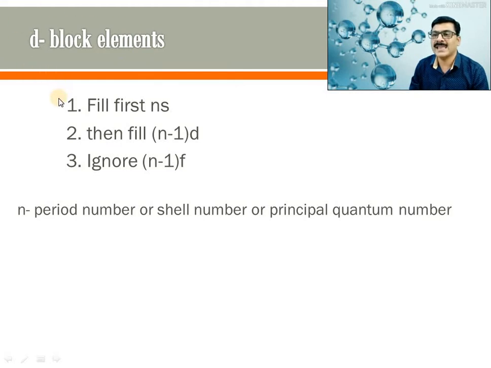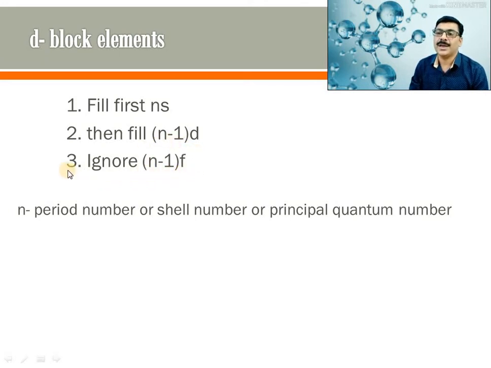And for writing the shell electronic configuration of d block elements, you have to remember 3 things. The first thing is, first fill up the ns orbital, meaning firstly you have to fill up the ns orbital. Then fill up the n-1 d orbital, and third is ignore the n-1 f orbital.